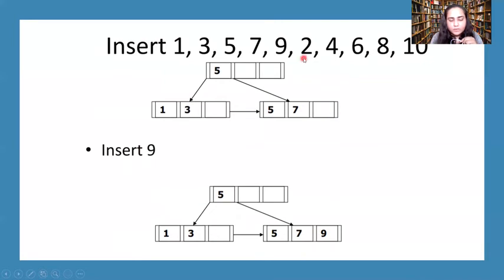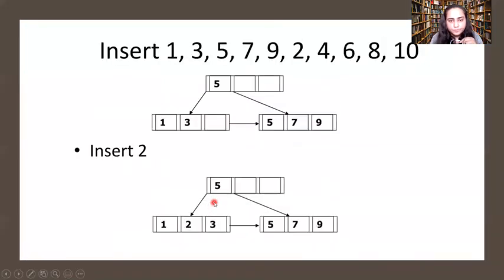Now the next node I have to insert is 2. This is my previous tree. If I have to insert 2, then 2 is less than 5, and I have space for 2 right here. But obviously I have to insert it in sorted order. That's why 2 does not get inserted here, but gets inserted right here in the middle, and 3 is shifted.